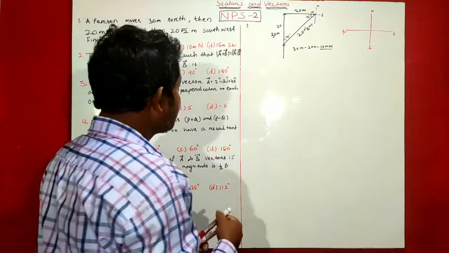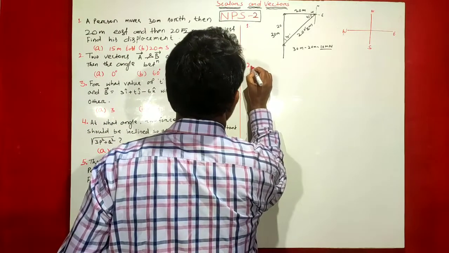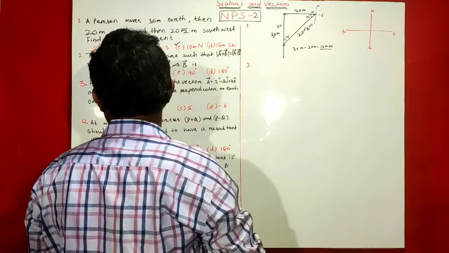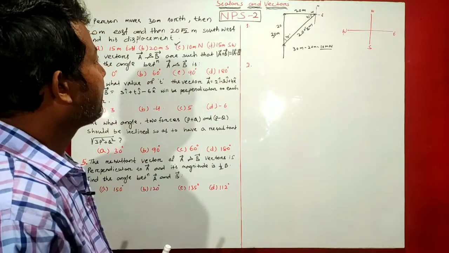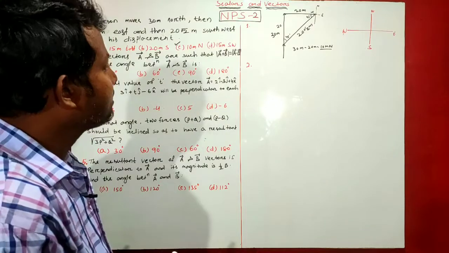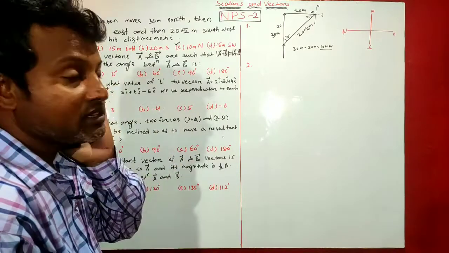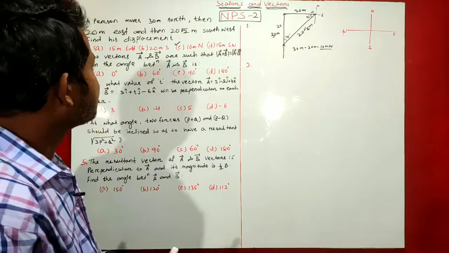Look, guys, the magnitude of A plus B and the magnitude of A minus B are equal.